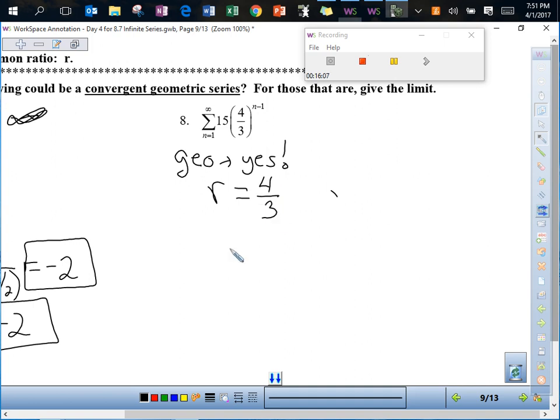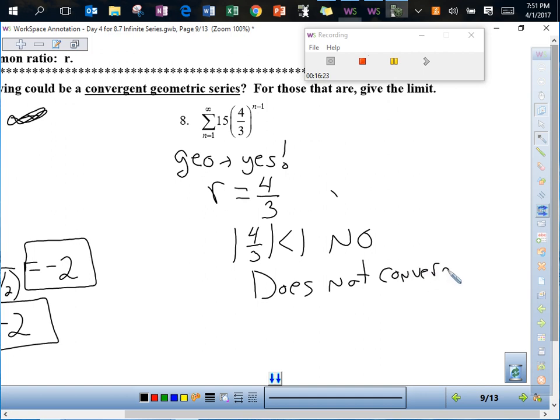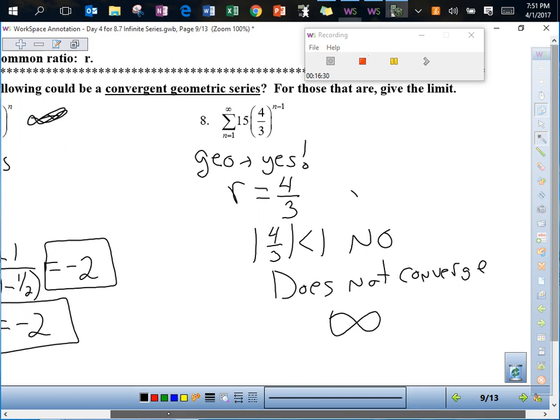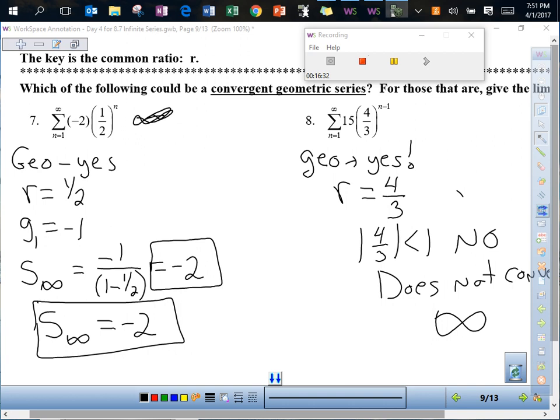Ask yourself, is the absolute value of 4/3 less than 1? The answer is no. So this thing does not converge. Guys, what that means is as I add these up, it's going to grow forever. Okay? So there's where we are so far.